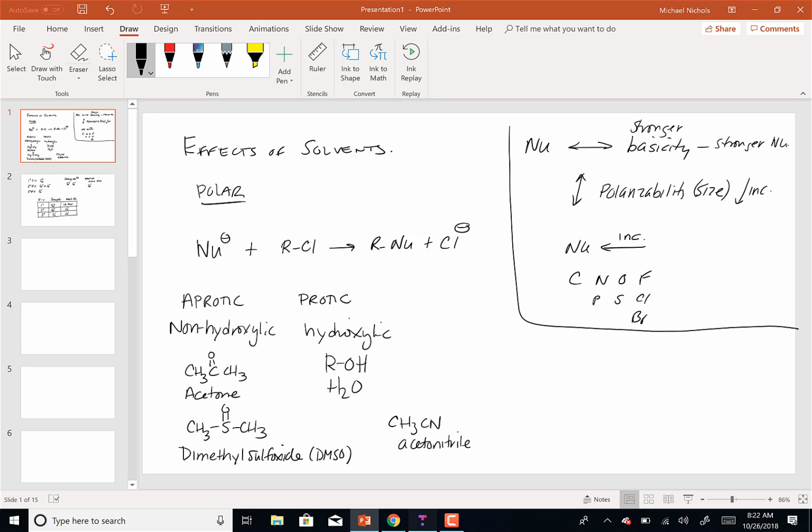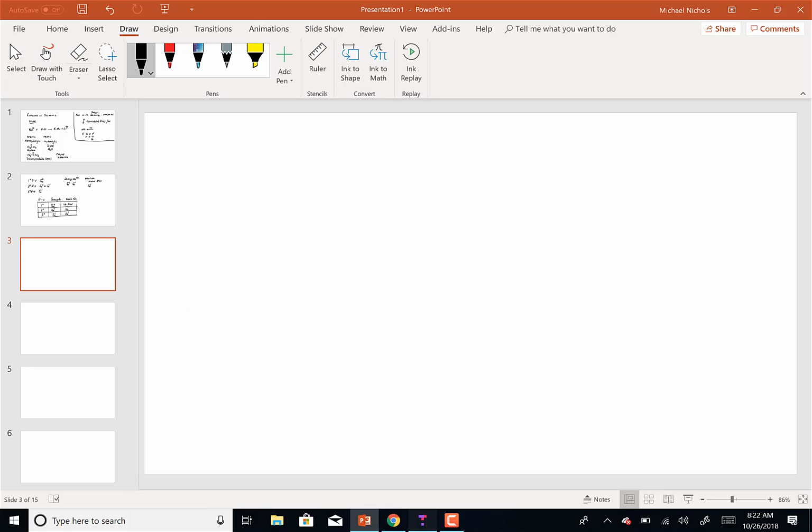So let me show you the way to think about this. The rate determining step for an SN1 reaction is the breaking of the carbon-halogen bond and the formation of the carbocation and the leaving group anion. Now, my choices of solvents are either hydroxylic or non-hydroxylic.